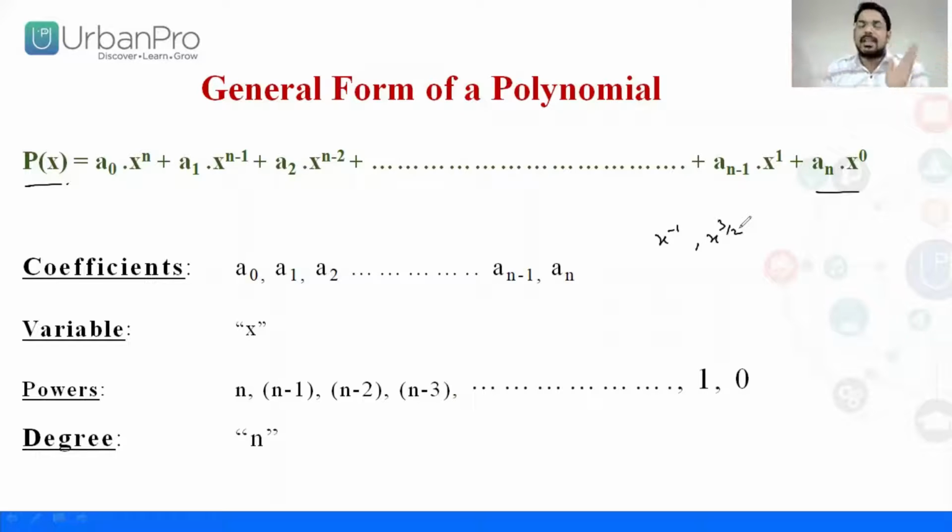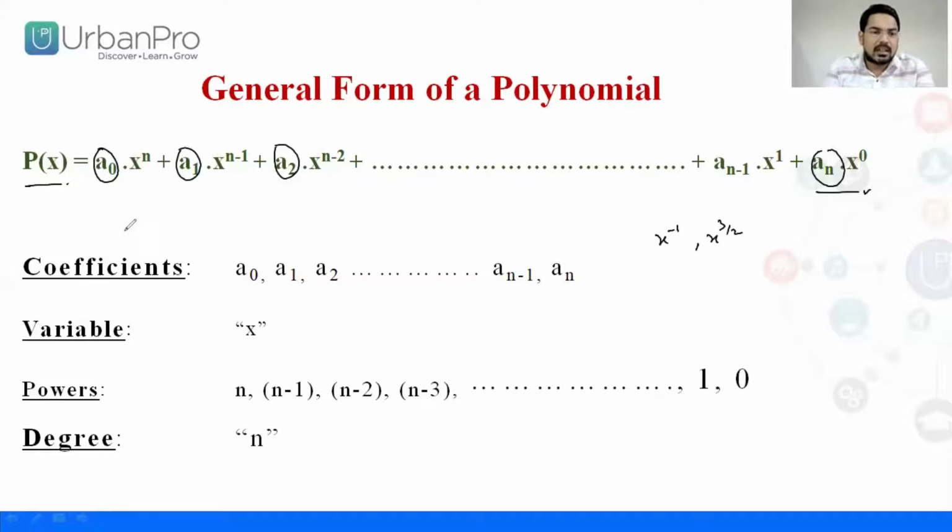So it has to be a whole number. That's why we have stopped at the constant term. So in general, the general form of every polynomial ends with a constant, because we know that x raised to power 0 is nothing but equal to 1. Okay. Now we have a0, a1, a2, and so on up to an, right?